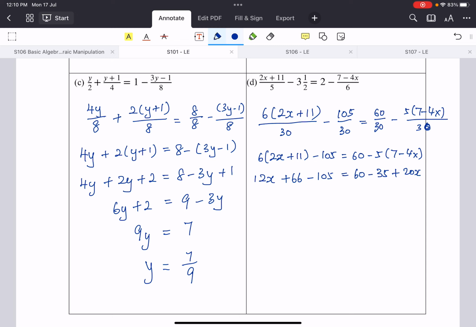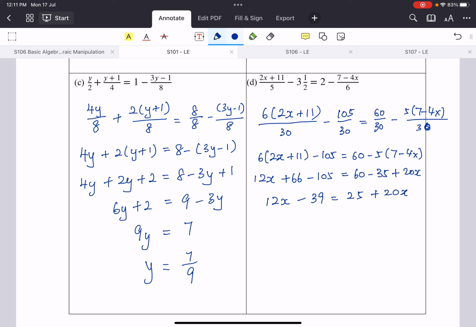Right? So continue to simplify. 12x, 66 minus 105, we have negative 39. Right? Equals to 60 minus 35 is 25 plus 20x.